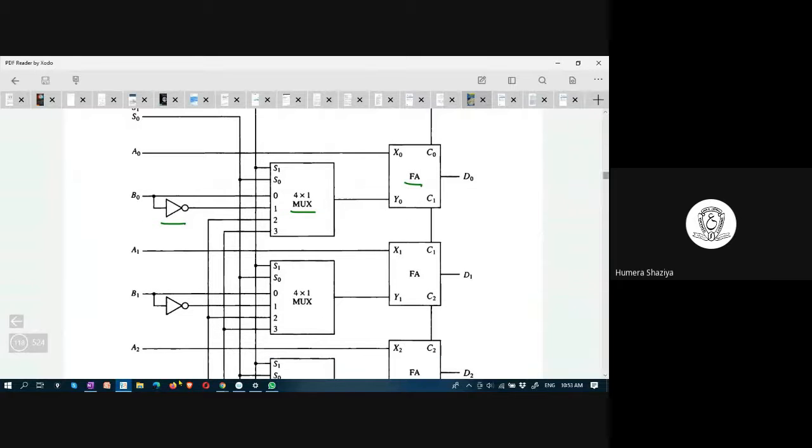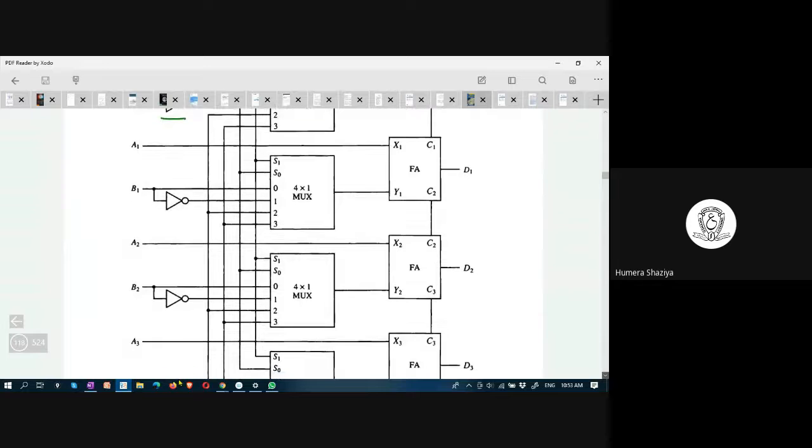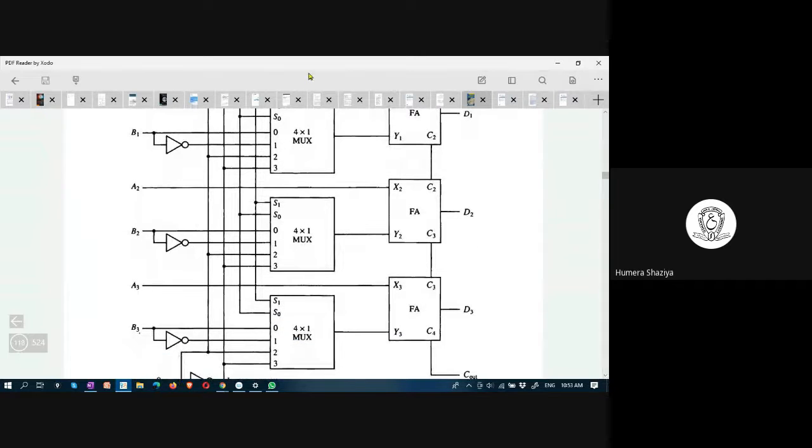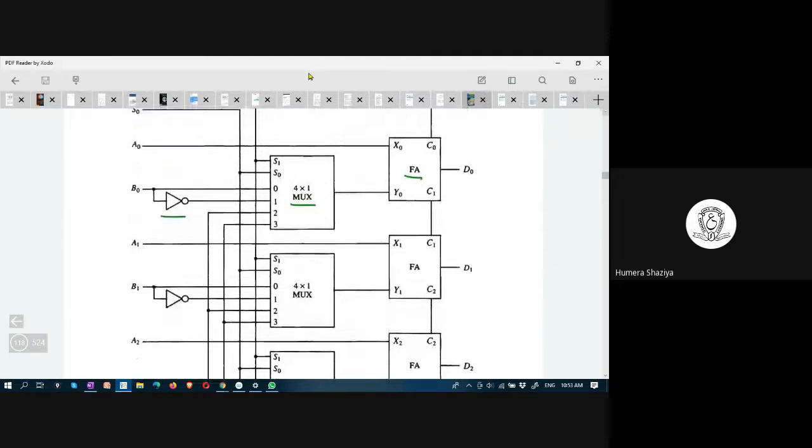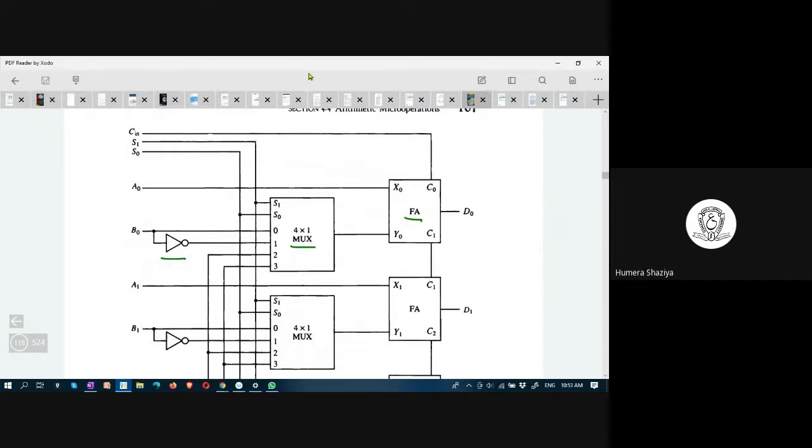It has four 4 by 1 multiplexers. Each one has a capacity of 4 by 1, meaning four inputs and one output. These two, S0 and S1, are the selection input lines for all four multiplexers.